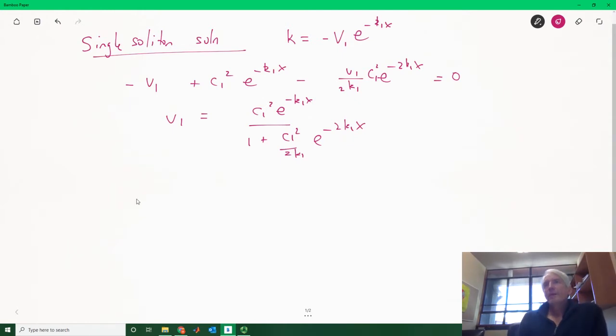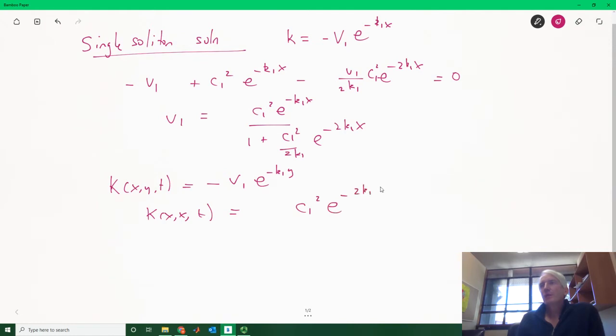So that's our V1, and then we recover, remember the K of x comma y comma t is given by minus V1 e to the minus K1y. We're not actually interested in that, we're interested in K of x comma t, and that is going to be equal to C1 squared e to the minus 2K1x. We just multiply V by minus K1x.